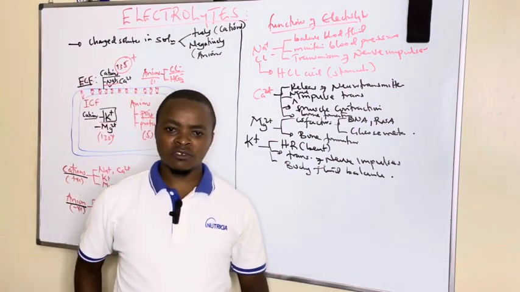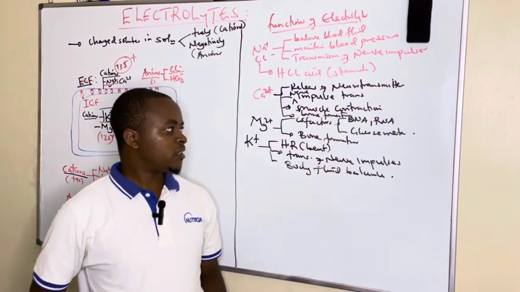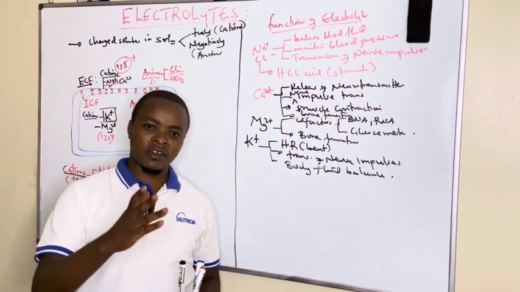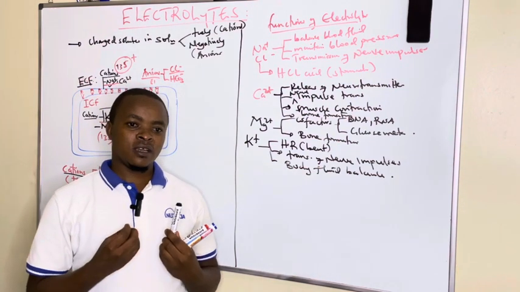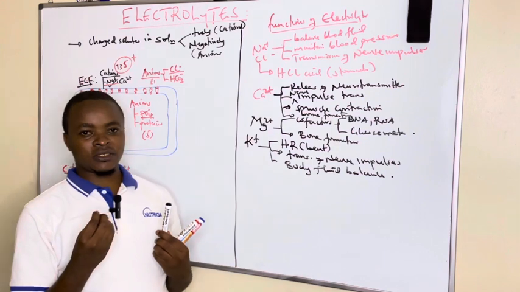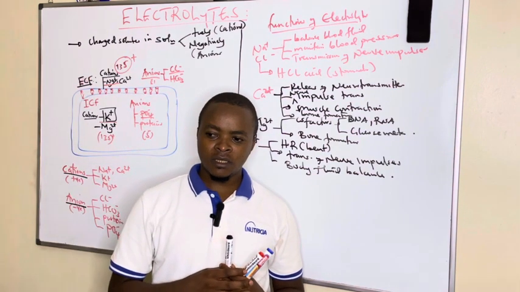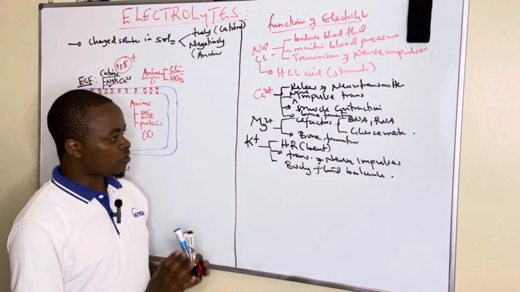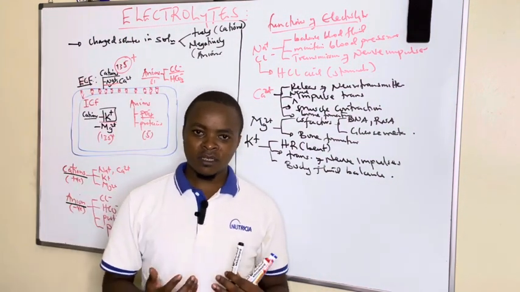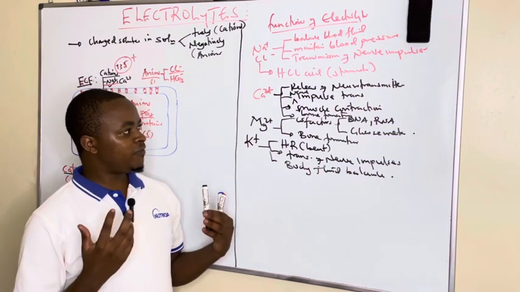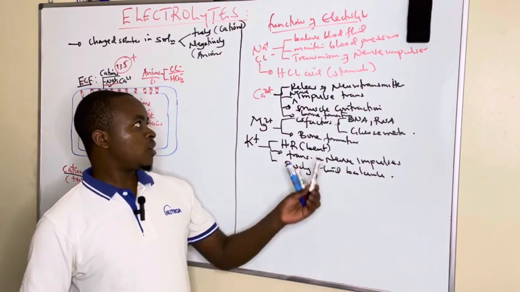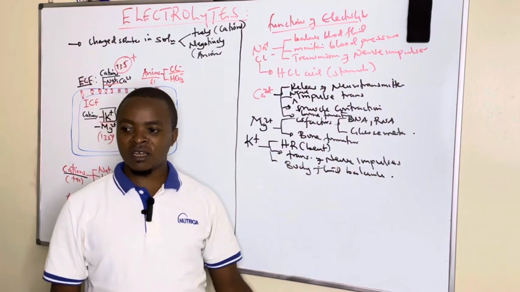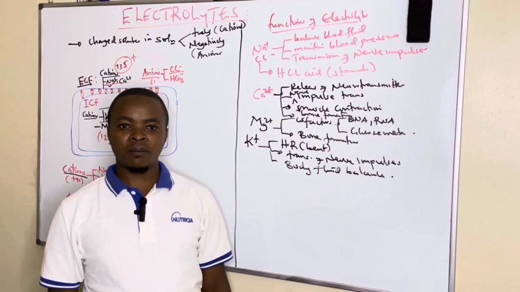Whenever you're asked in a question to outline any 5 or any 10 functions of electrolytes, you can pick at random and give an example. Whenever you say they enable transmission of impulses, avoid using the word helps. You can say it is for transportation, it is for acting as a cofactor. If you say maintaining blood pressure, you give an example like sodium or chloride.